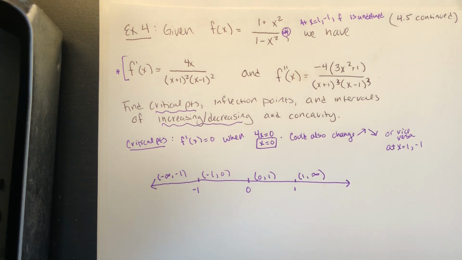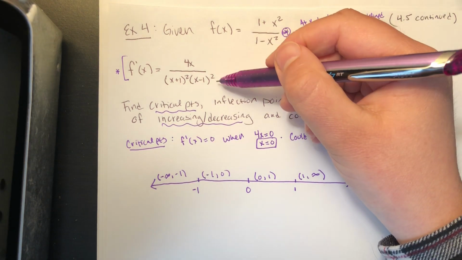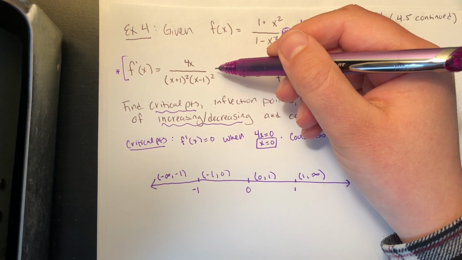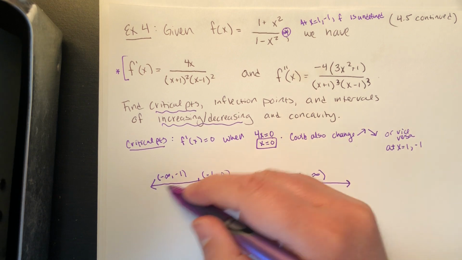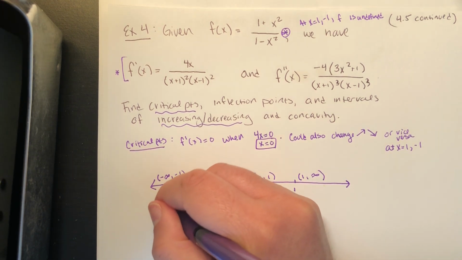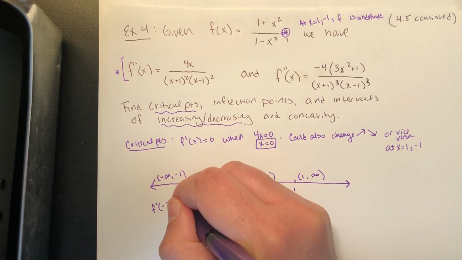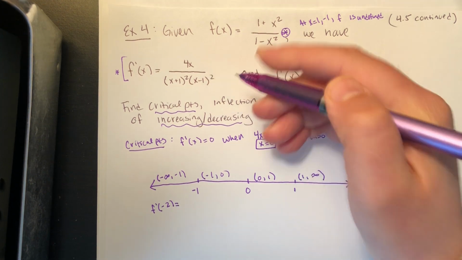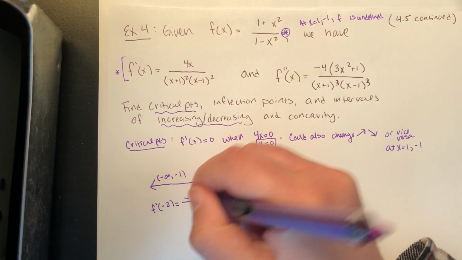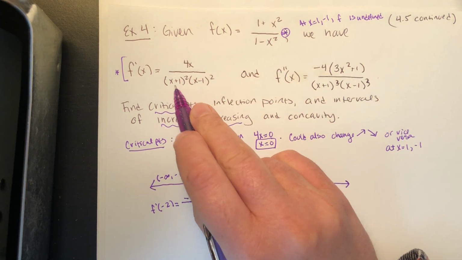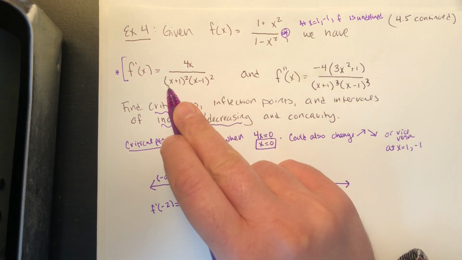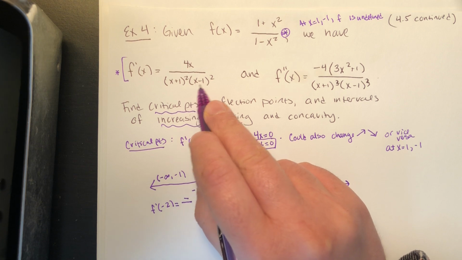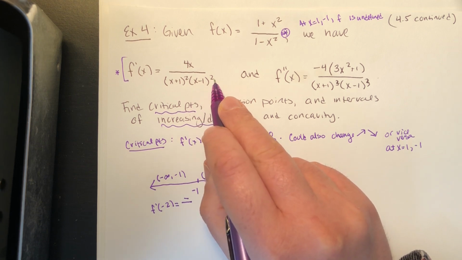So I'm going to plug in a point in each one of those intervals into the first derivative function, that's this one right here, and just figure out, is it positive or is it negative? All right, so let's say I plugged in negative 2 into the first derivative function. The numerator is going to be negative. 4 times negative 2 is negative. And the denominator, look what happens here. I'm going to have something squared times something else squared.